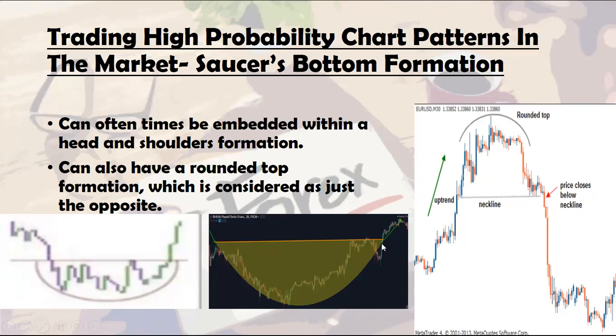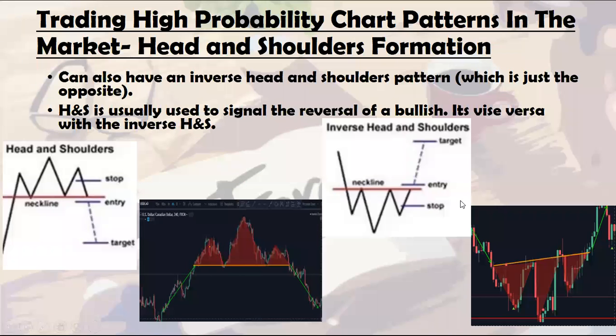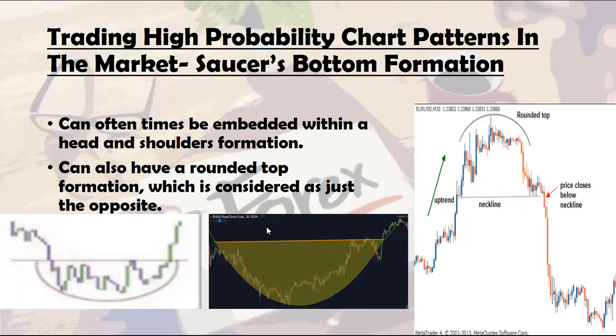So opposite of a saucer's bottom, you remember how when we had the head and shoulders, we had an inverse head and shoulders. So it's the same thing here. Opposite of the saucer's bottom is what you call the rounded top. So price goes up, it's in a bullish run, and then it kind of drizzles a little bit, and it starts to slowly reverse.